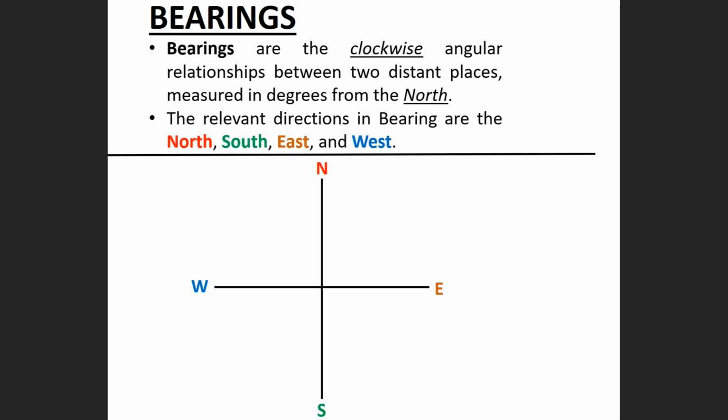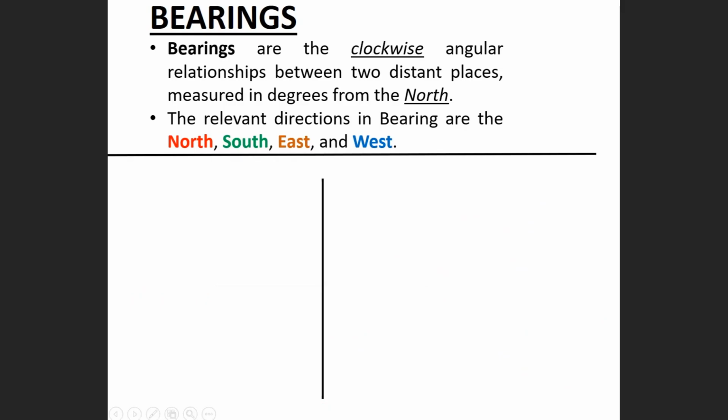Right. So let me take it back a little bit. Now, I'll say it again. We start with a vertical line and a horizontal line. Then we go with the north, the south, the east, and the west.